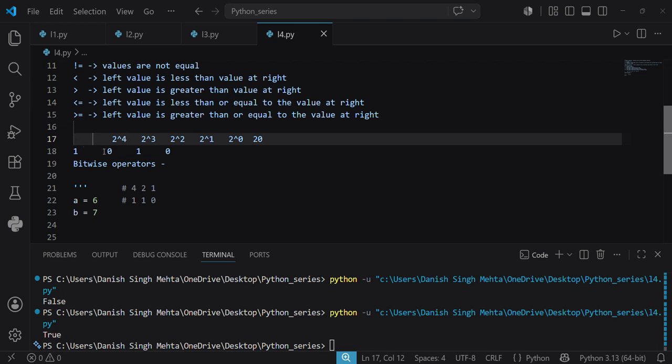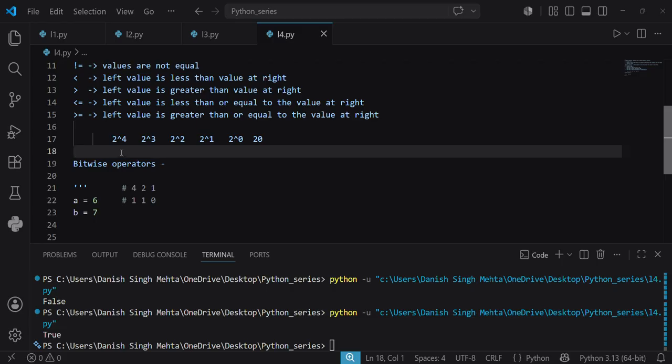So what is 2 to the power 4? 16. So 2 to the power 4 is 16 and 16 plus 4 is our 20. So we will use these and reject the others: 1, 0, 1, 0, 0. Yeah. So this is how we write 20 in binary form.